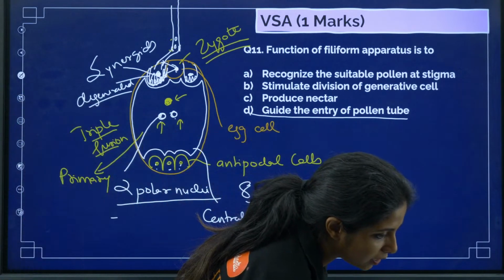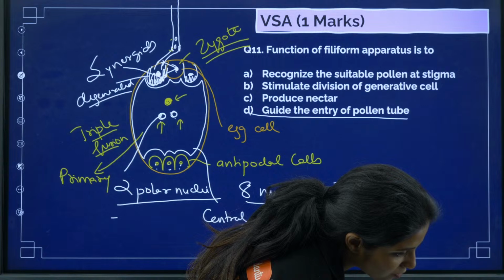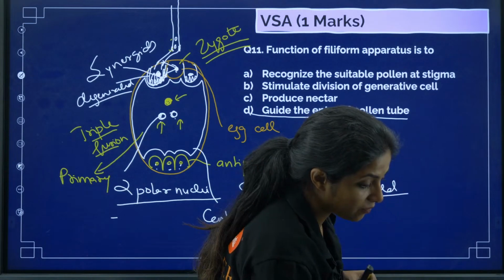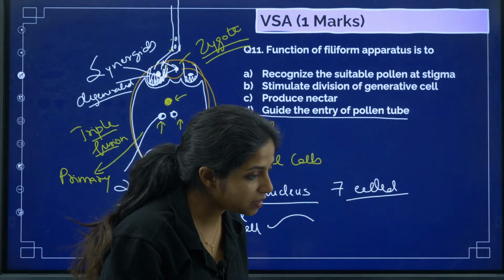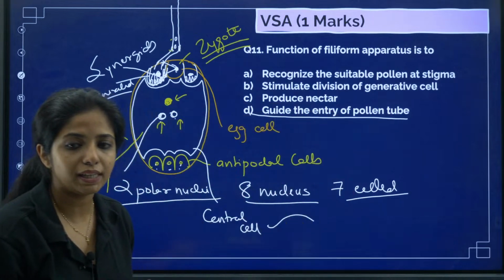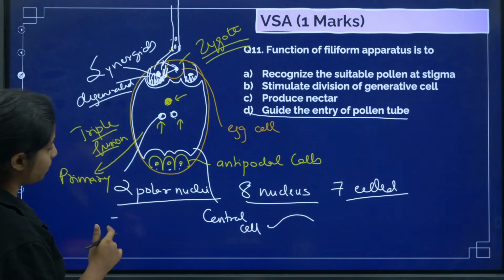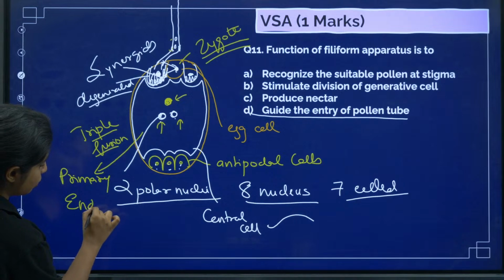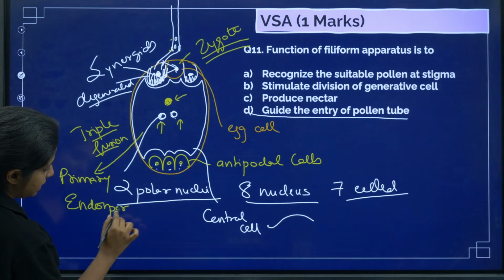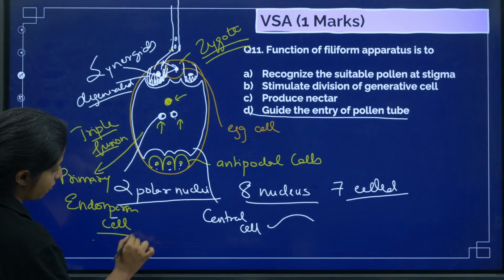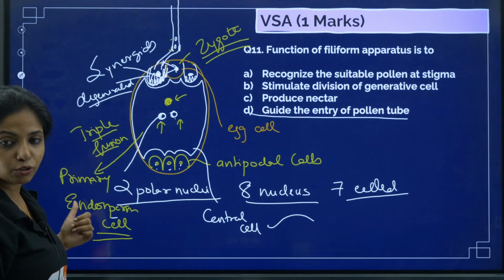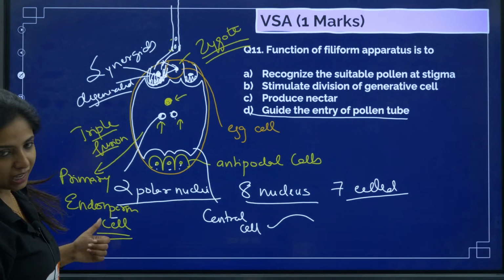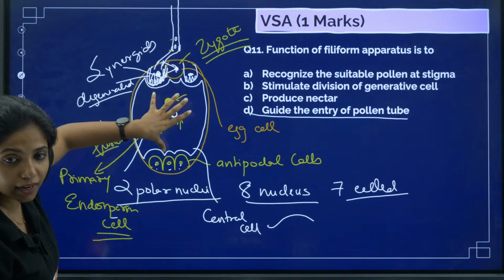Let me see who told the answer first. Pradeep, Arushi, Gatika, Akruti, someone new, said it is primary endosperm nucleus. Baba, that is PEN. You asked about PEC. So, primary endosperm cell is being formed. Here the zygote, here the primary endosperm cell.